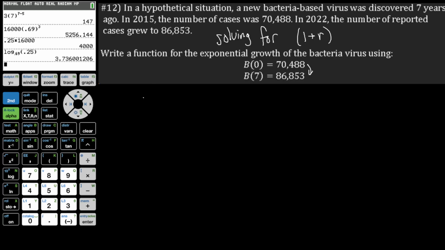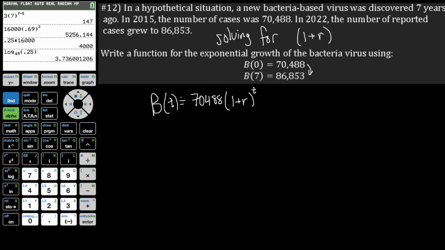So we can say, all right, we have b of t is going to be equal to our starting amount, 7,488, times 1 plus r, because we don't know what that is, to the power t.